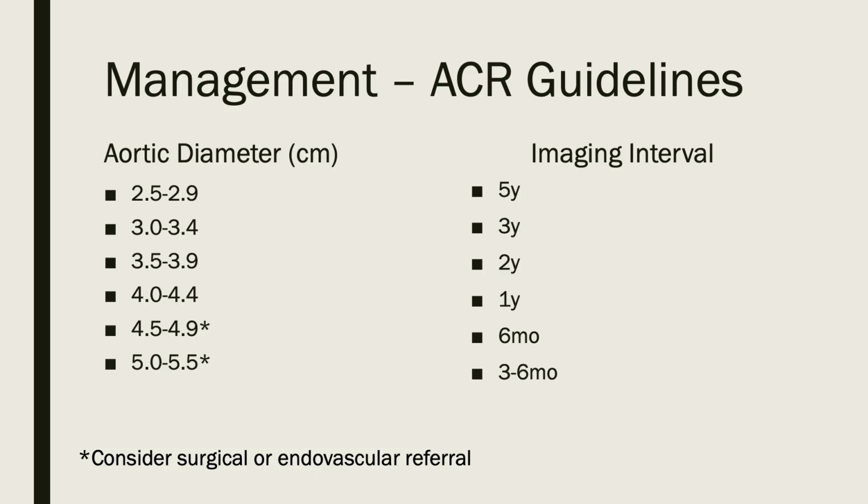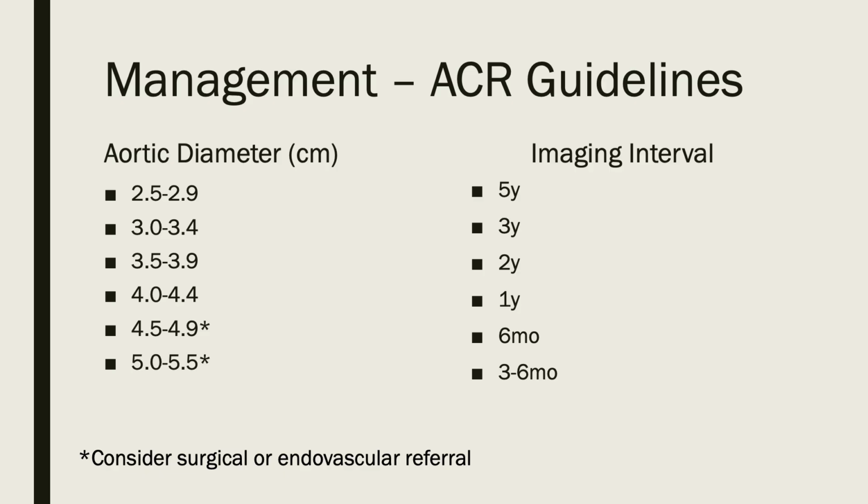So the American College of Radiology gives really nice guidelines on how we should handle our findings from a sonographic AAA screening. Typically, if the maximal diameter is 2.4 centimeters or less, no follow-up imaging is recommended. However, once we reach this threshold of 2.5 centimeters, imaging intervals increase from 5 years to 3 years, 2 years, 1 year.